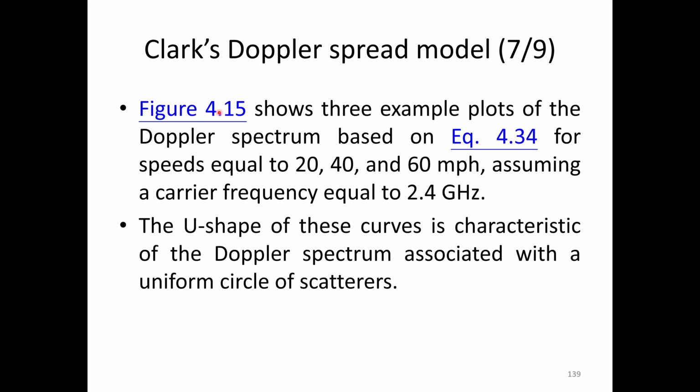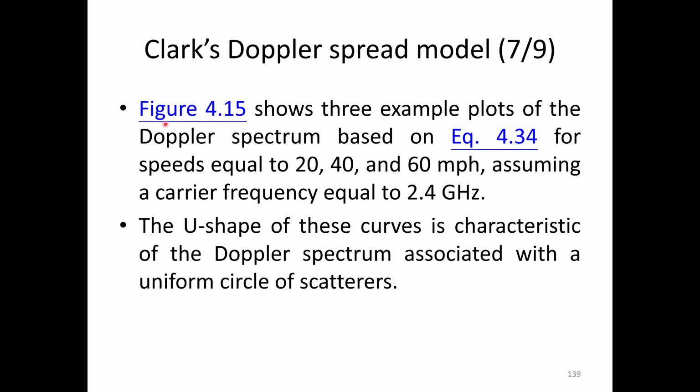Figure 4.15 shows 3 example plots of the Doppler spectrum based on equation 4.34 for speeds equal to 20, 40, and 60 mph. Here mph means miles per hour, where 1 mile is approximately 1.6 kilometers, assuming a carrier frequency equal to 2.4 gigahertz.